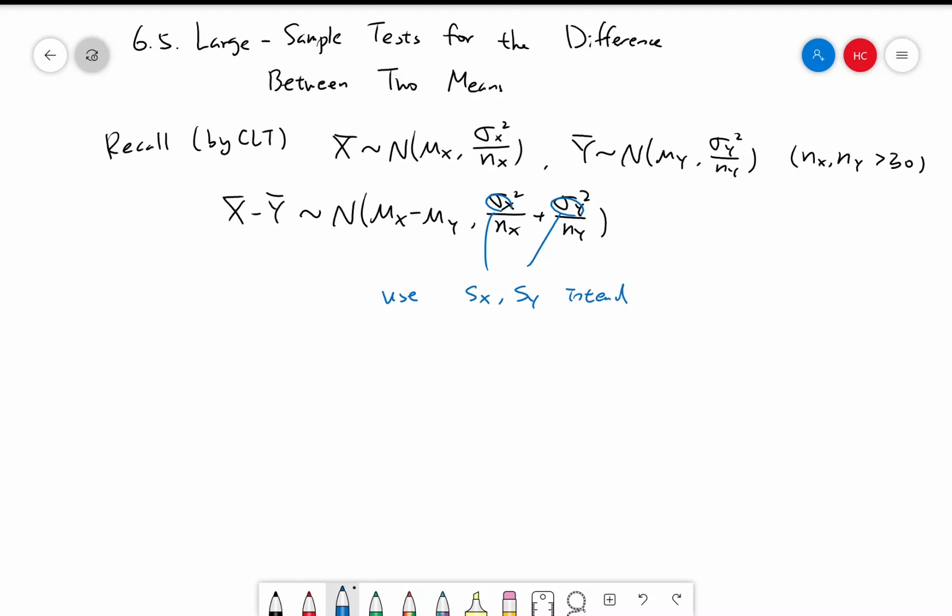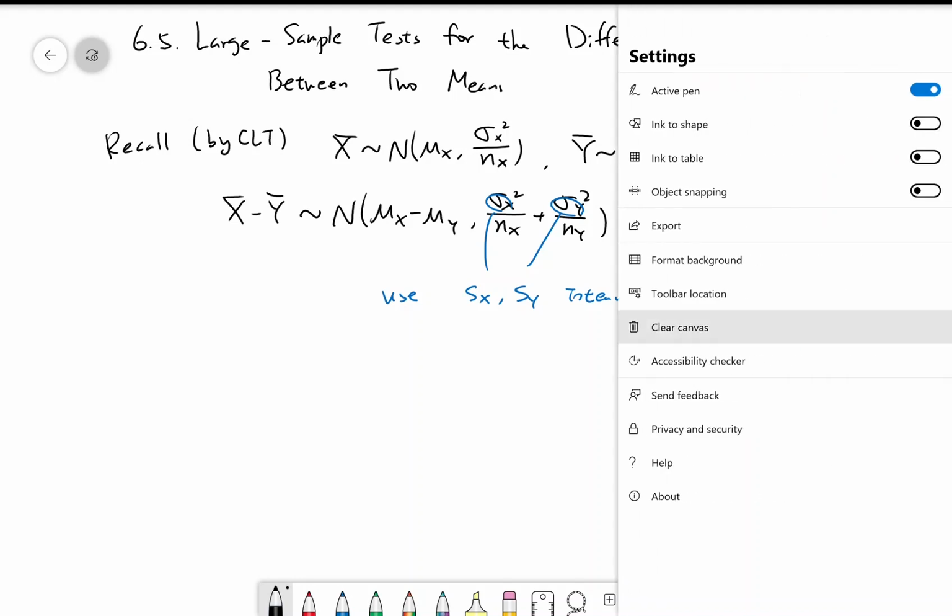Alright, so we can use this to do an example for hypothesis tests. Let's measure the lifespan of a certain virus on different surfaces. So let's test how long the virus will live on metal surface and on plastic surface.